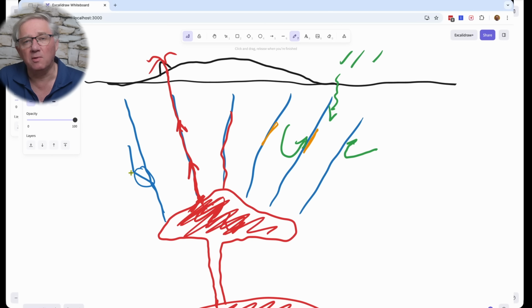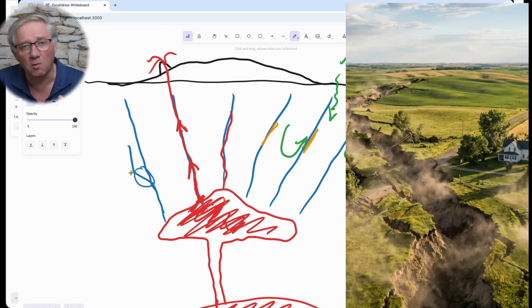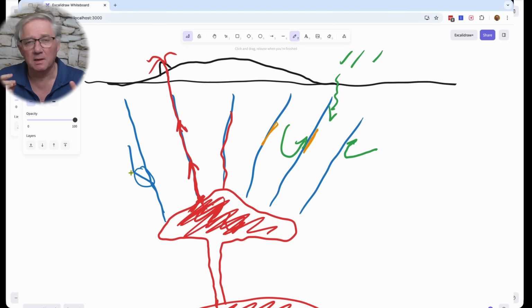But a new theory that came out about last year, maybe the year before, basically says that quartz is a piezoelectric mineral. Basically it means if you apply stress to it or hit it, it generates a charge. And so the theory goes that earthquakes are causing gold to precipitate in places we never thought they would.